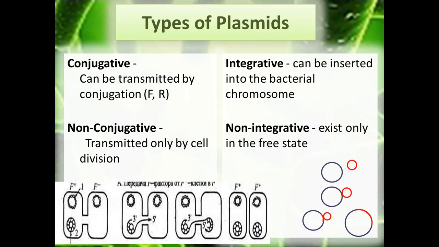Some plasmids can be integrated, inserted into the bacterial chromosome. There are some complementary sites in the DNA of the plasmid and the DNA of the chromosome, and if the plasmid is near the chromosome, they connect to one another.